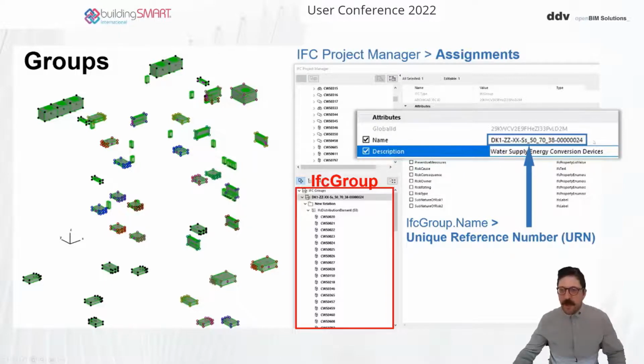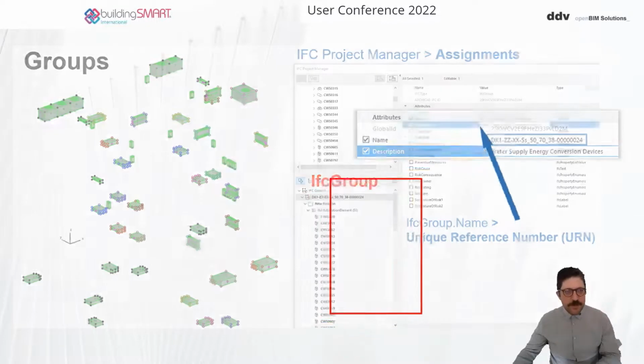In this case, what we are usually doing is using the name attribute from this IFC group instance, and we are applying a unique reference number. This is quite useful, especially for operations and maintenance purposes, but you can use it for any other type of purposes too. So from ArchiCAD, you can create IFC groups.